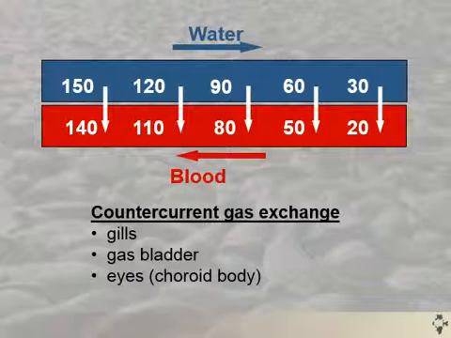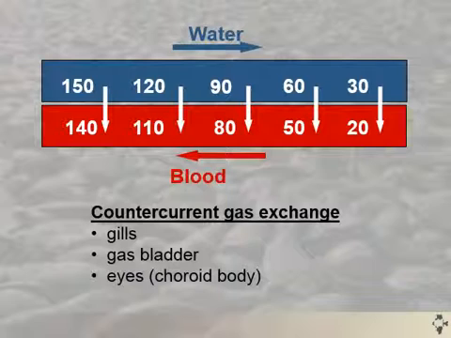So you can see the concentrations, or rather the pressures of oxygen in the water versus the blood in millimeters of mercury here. So again, you can see the direction of the water moving one way, the blood moving the opposite, and the tension or pressure gradients continuously favor diffusion into the blood regardless of where you are along those vessels. So this is certainly beneficial in the case of oxygen acquisition.